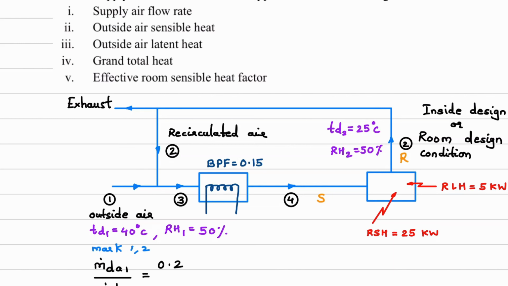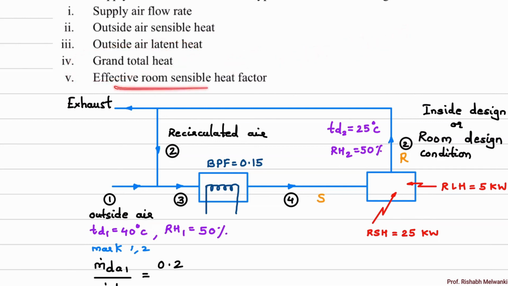Total sensible heat is room sensible heat plus outside air sensible heat, and total latent heat is room latent heat plus outside air latent heat. If we add total sensible heat plus total latent heat, we will get grand total heat.